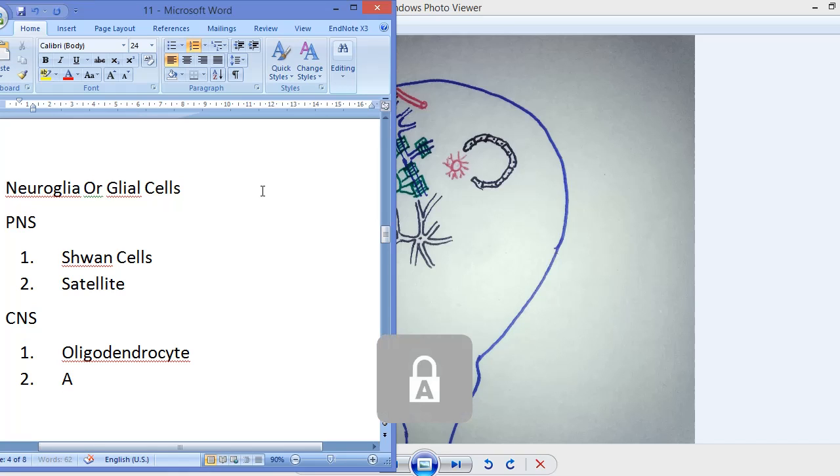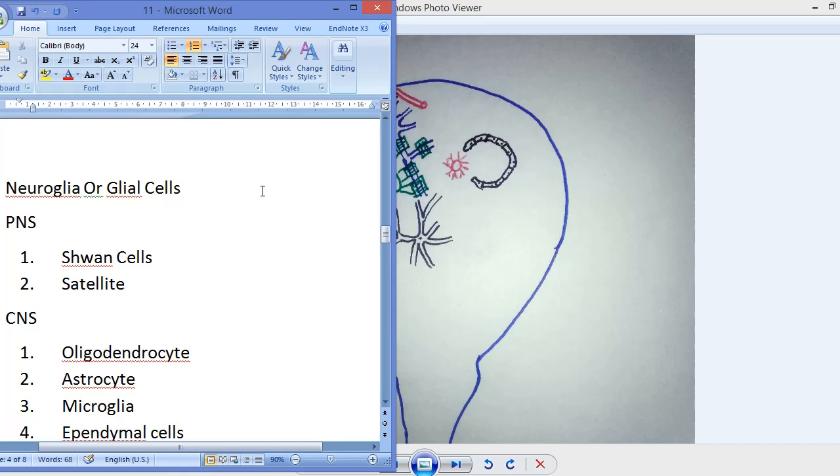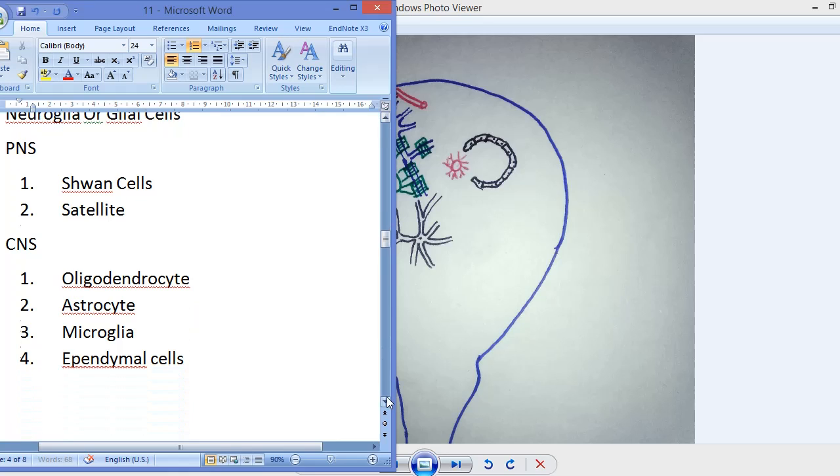Number 2, astrocyte. Number 3, microglia. And number 4, ependymal cells. So these are the 4 types of supporting cells present inside the central nervous system, meaning inside the brain and spinal cord.